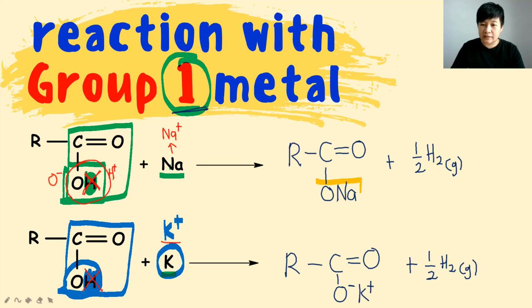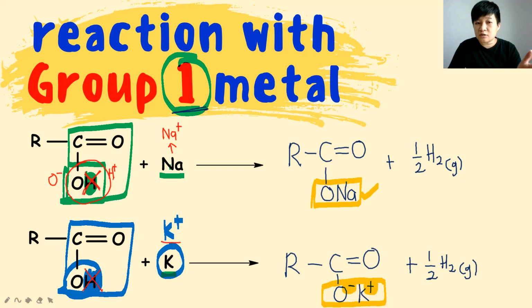Just a kind reminder, if you are not having charge for the O and the Na, both shall have no charge, alright? Just O and Na. But if you are having charge, for example, like this, you are having your O minus, then your group 1 metal also must have the charge. If you decided to not putting in the charge, then both positive and negative no need to write.